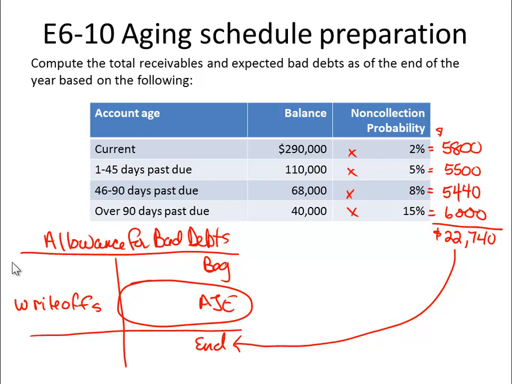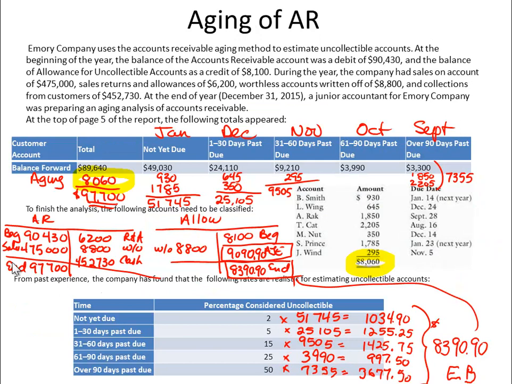So let's take another example. This looks a little messy, but it's really not too bad. So in that dense paragraph up above, it tells me about accounts receivable. That accounts receivable has a beginning balance of $90,430. That during the year we had credit sales of $475,000.